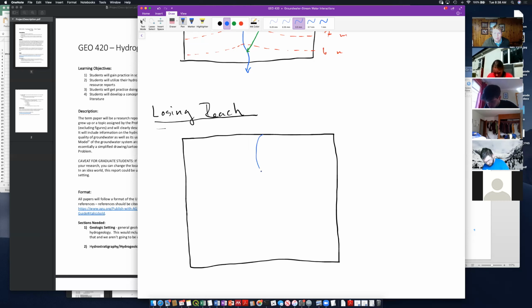Stream moving down through our reach. And here's our head contours. Now it's going to be the opposite here, where my stream is going to look like a ridge.